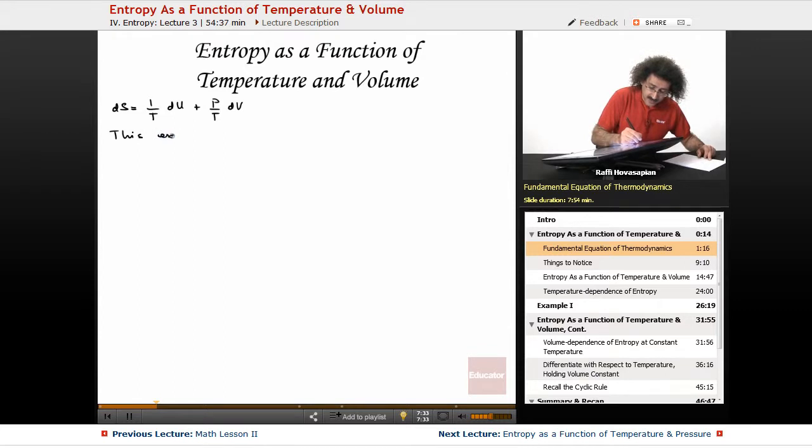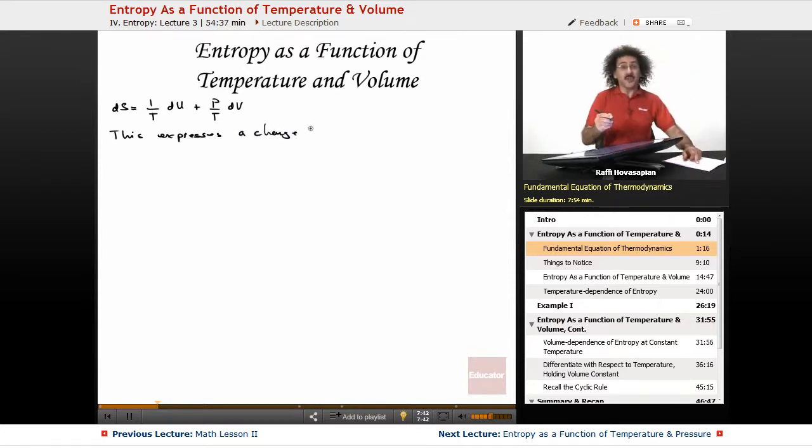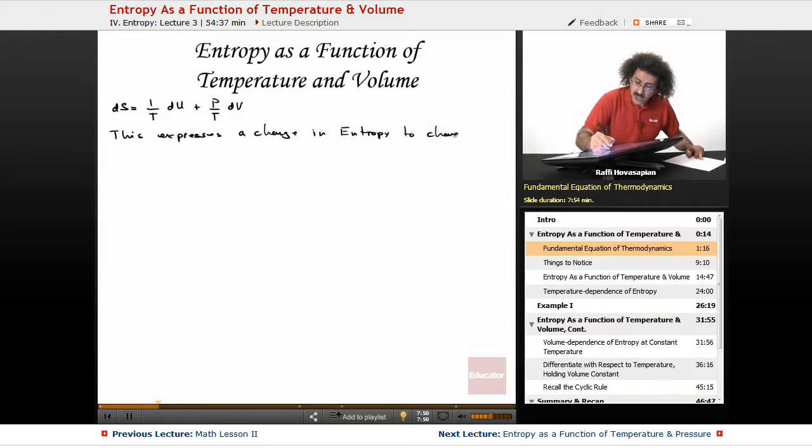This expresses a change in entropy to changes in energy and volume.